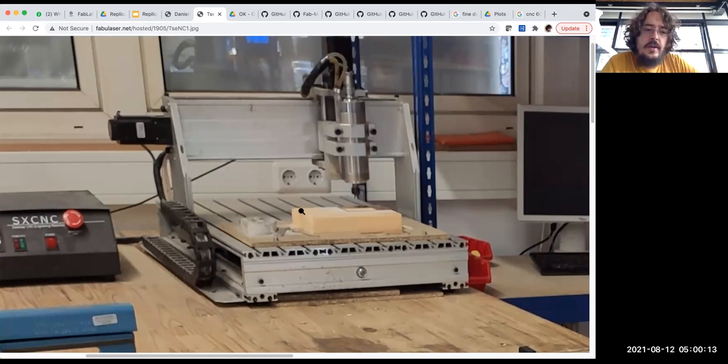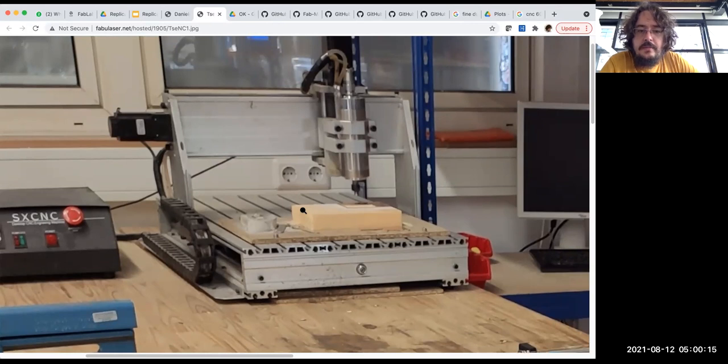So our machine can move safely 4,000 millimeters per minute, and it can mill at that speed. So it's much faster than this. There is no comparison with the spindle. The Chinese spindle requires a chiller that you need to buy separately to cool down the spindle. Our spindle is air cooled. So there is a hell of a difference. Of course, also in price. It's almost double the price, our CNC.